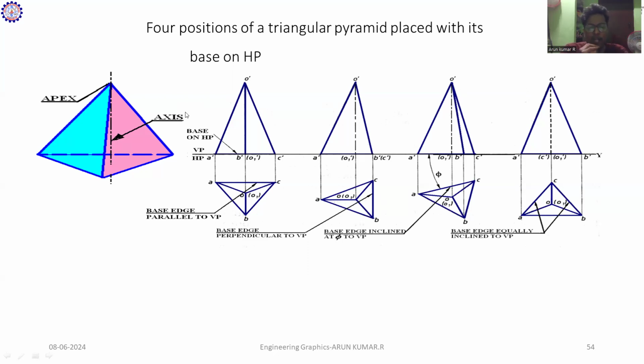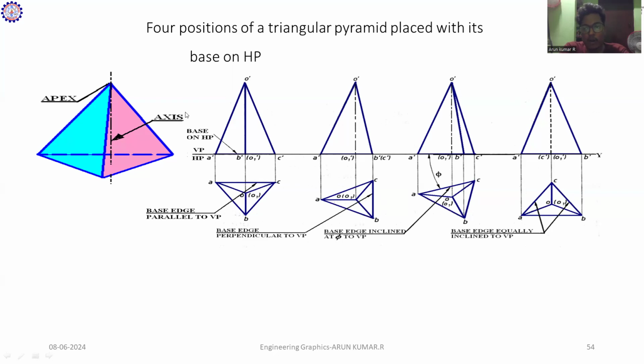First I take the example of the base edge parallel to VP. Here I take a triangular pyramid, so the triangle has three sides. That is also called the base side or base edge, both are the same. It has a certain value, like 25 mm. I have to draw any one of the base edges parallel to VP.